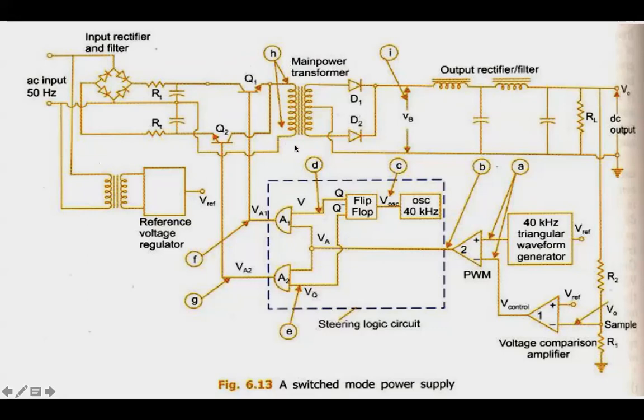And then you find here a transformer, and you have diodes D1 and D2. For current boosting, we have transistors Q1 and Q2. So reference voltage regulator: based on how much voltage I need, I can keep that as a reference, as a knob. Probably you can think of it as a knob. Pretty interesting concepts, actually.